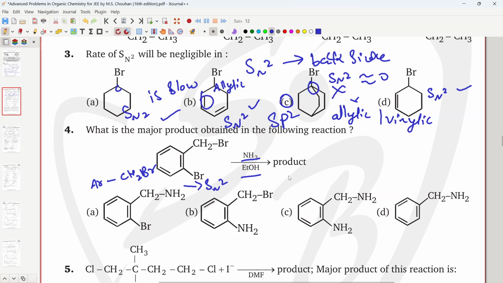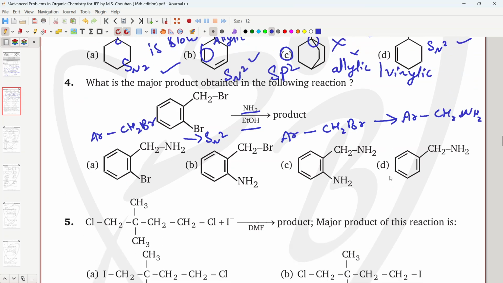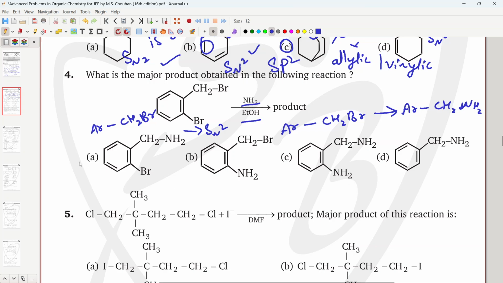But aryl bromide does not undergo ordinary SN1 or SN2 because of the sp2 carbon. So replacing aryl bromide would require nucleophilic aromatic substitution conditions, which are absent here. Therefore, the only reaction occurs at the benzylic carbon, which means the ring remains untouched. So the product is A.